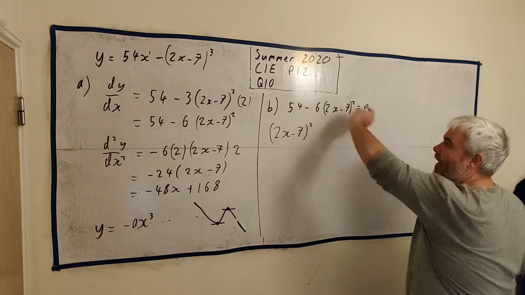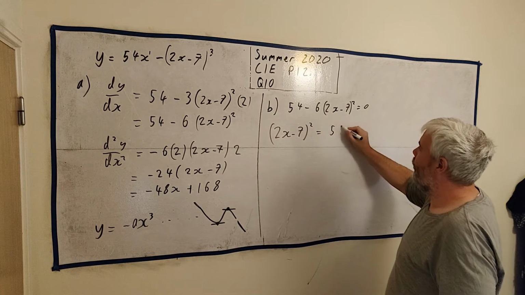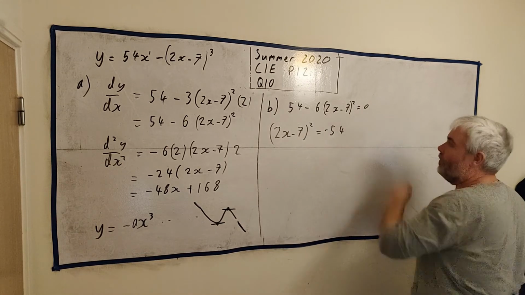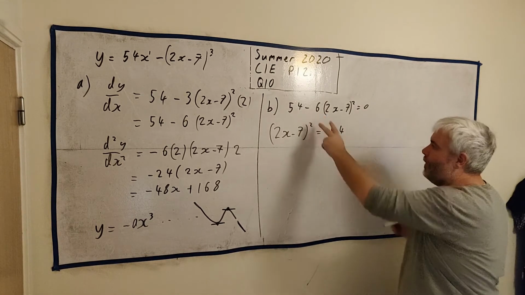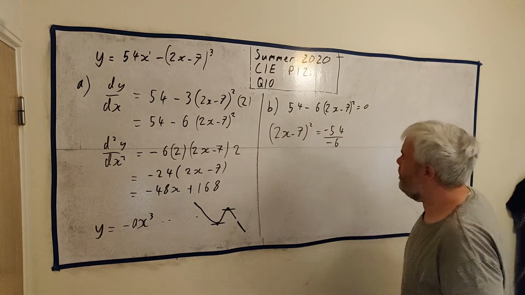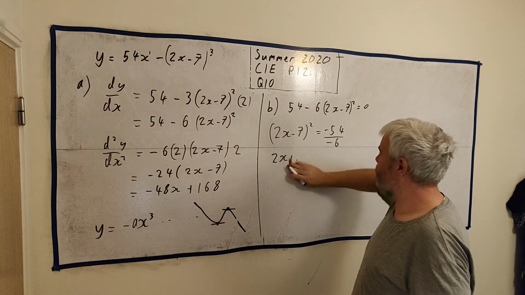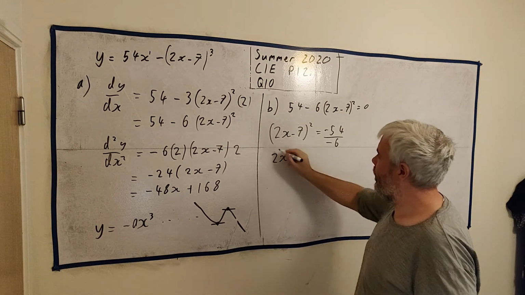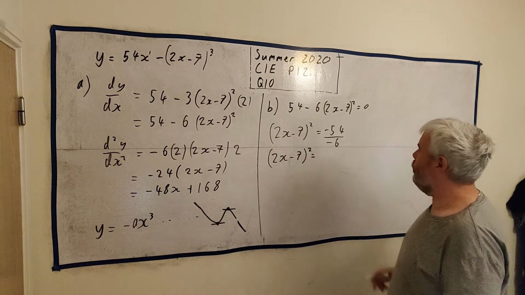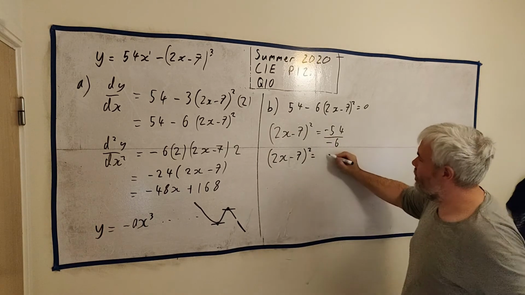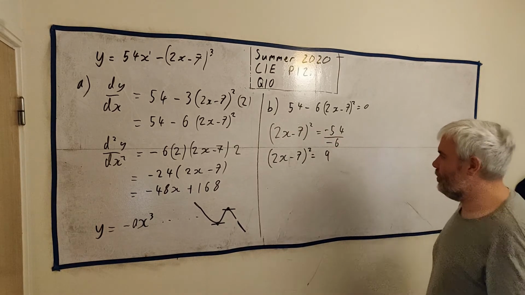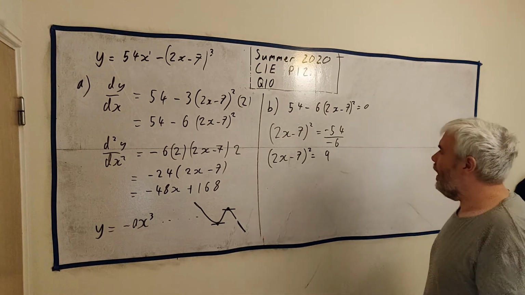We'd have to take away 54 on both sides, so that'll turn into a minus. We'd have to divide by minus 6 on both sides, and this cancels in, so (2x minus 7) squared is equal to, that's 9, isn't it? Plus 9. Two minuses make a plus when they divide.